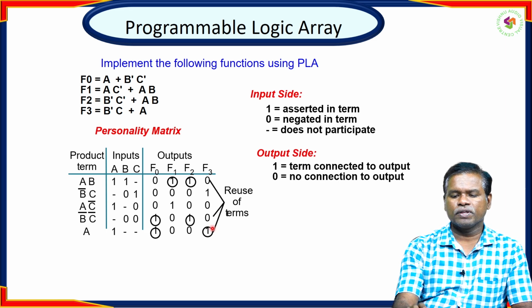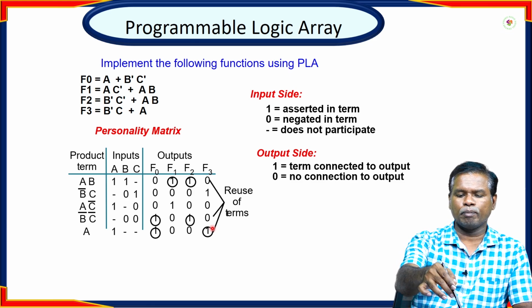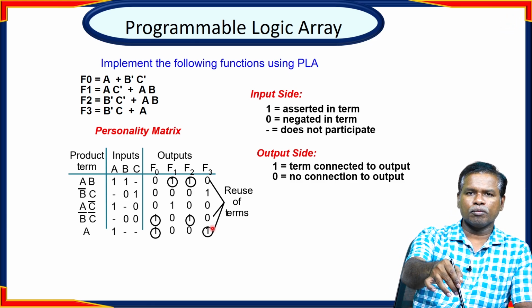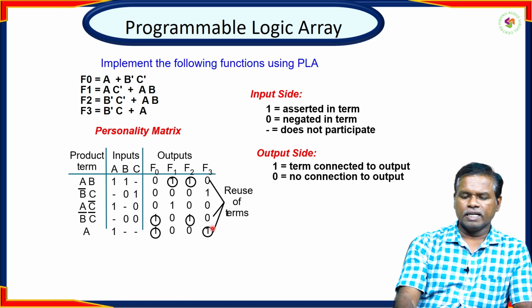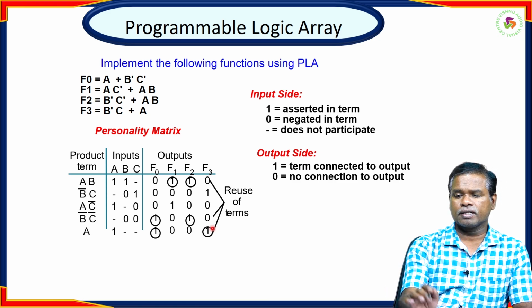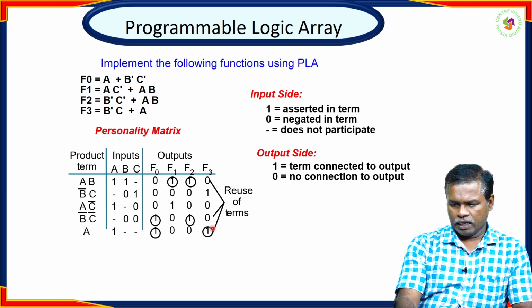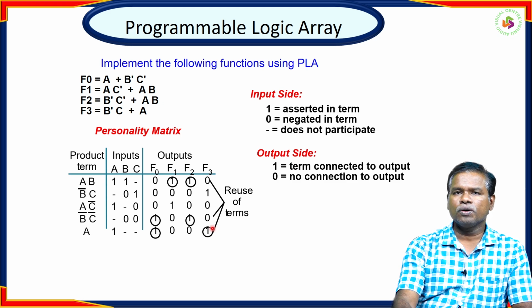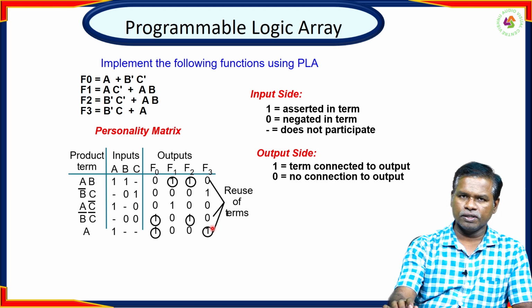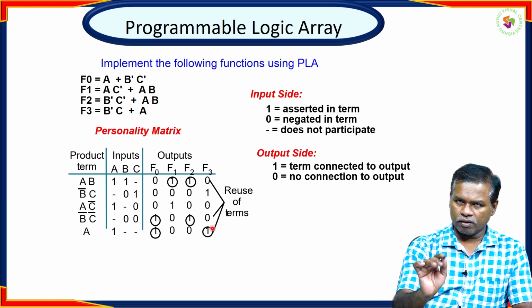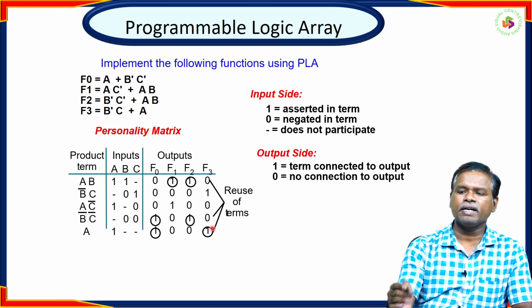This particular matrix, where the first column is product terms, the second column is inputs and the third column is outputs, is called the personality matrix of the PLA. And here the notation used: on the input side, if it is 1, the particular variable is present in that product term, and if it is 0, the variable is present in the negated form.